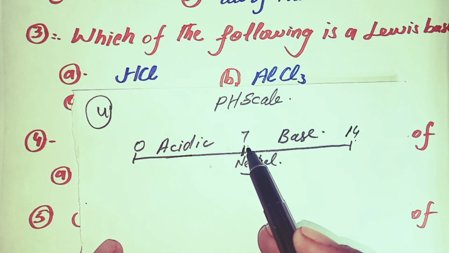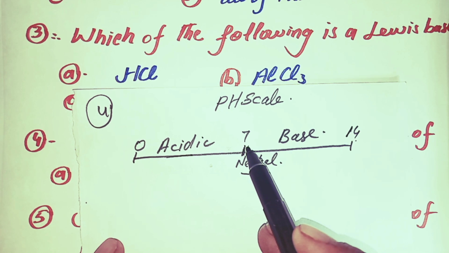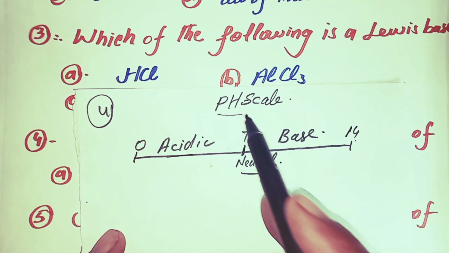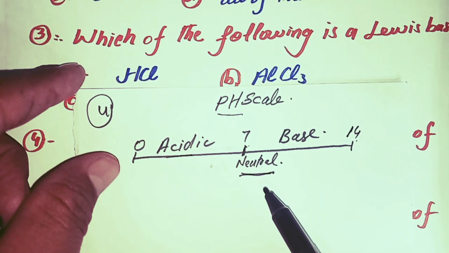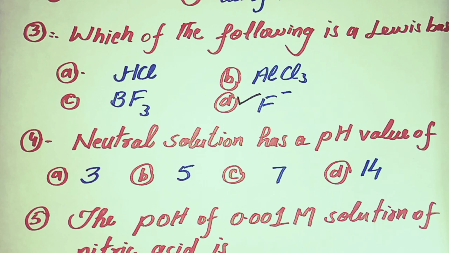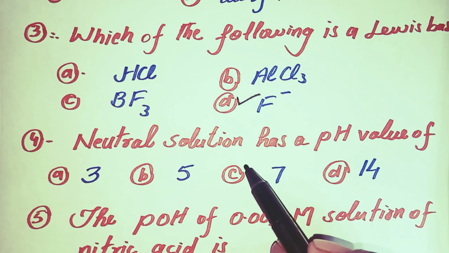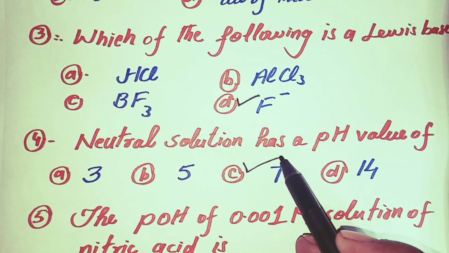Exactly the solution which has a pH of 7 is neutral. So the neutral solution has a pH 7. So here the option C is correct.